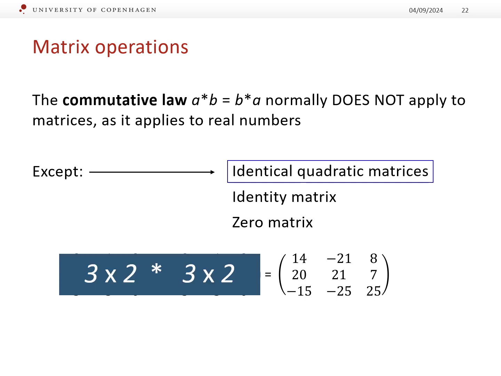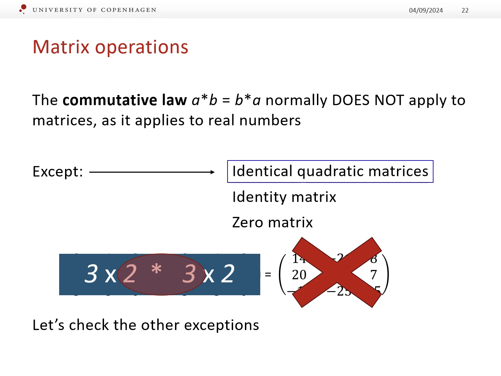But we can also see that if they were not quadratic, for example a 2 by 3 matrix, the middle numbers wouldn't match, meaning that you couldn't even multiply them. So let's take a look at the other two exceptions, identity matrix and zero matrix, to verify if the commutative law applies to them.